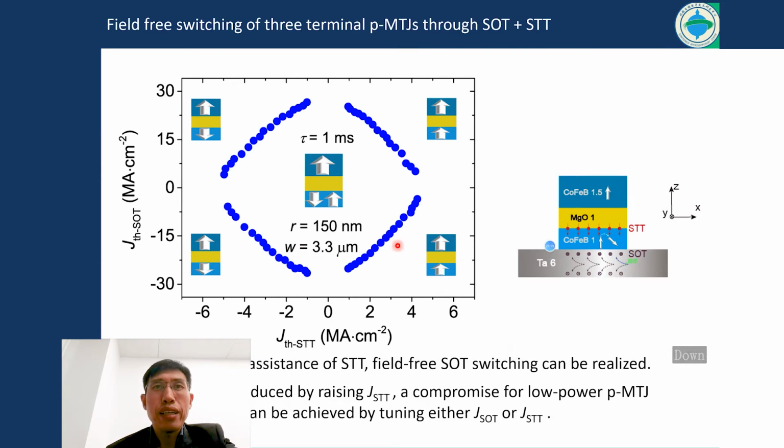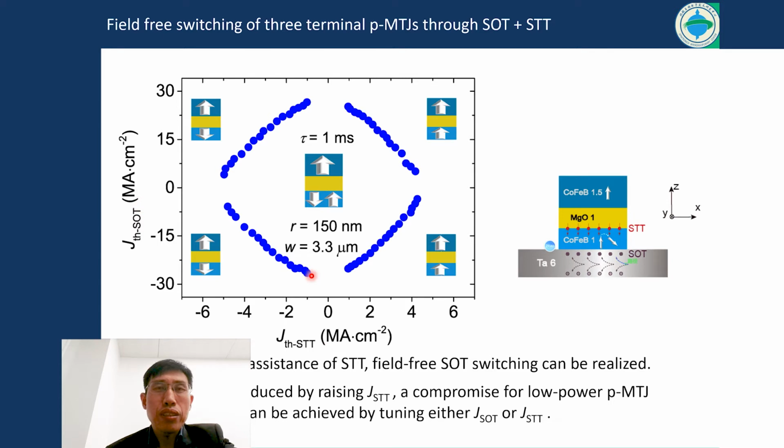Finally, we can show this figure. In this figure, the x-axis is the STT current density, and the y-axis is the SOT current density.